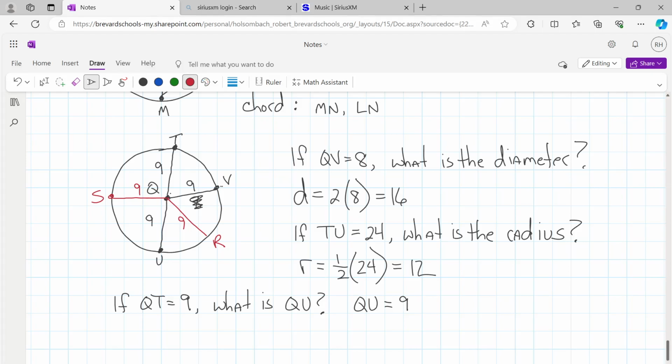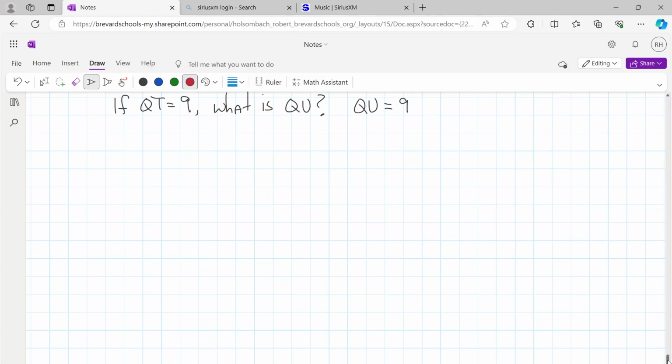All right, then let's take a look at example 3. Find measures in intersecting circles. Now, sometimes these are hard to draw, but we'll give it a try. So let's take this big circle.